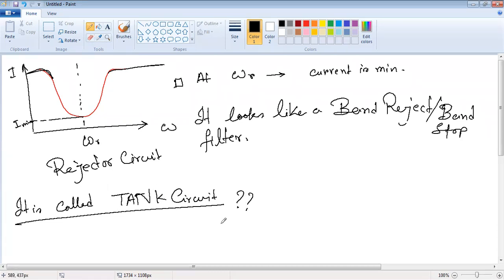Because in this, you can see if this is inductance and this is capacitance, then inductance stores its energy in the magnetic field.